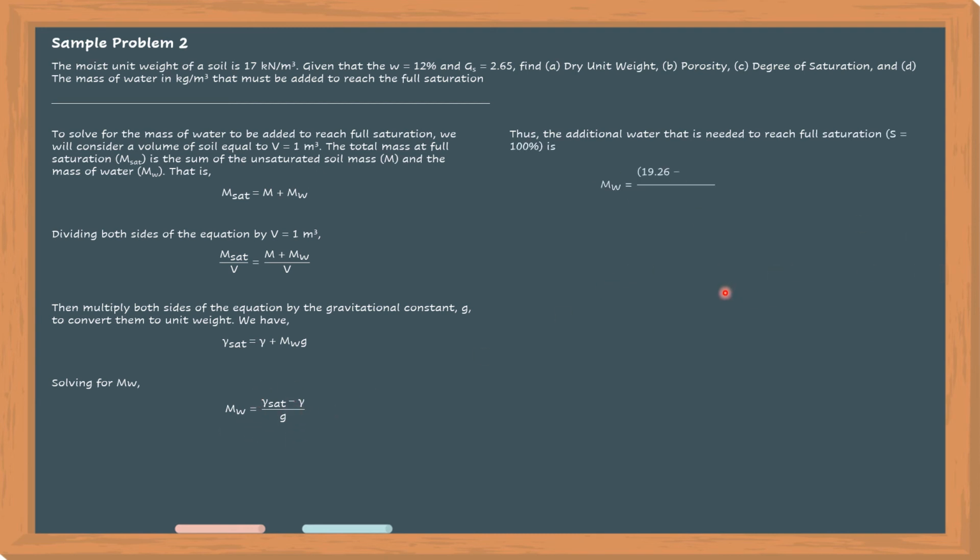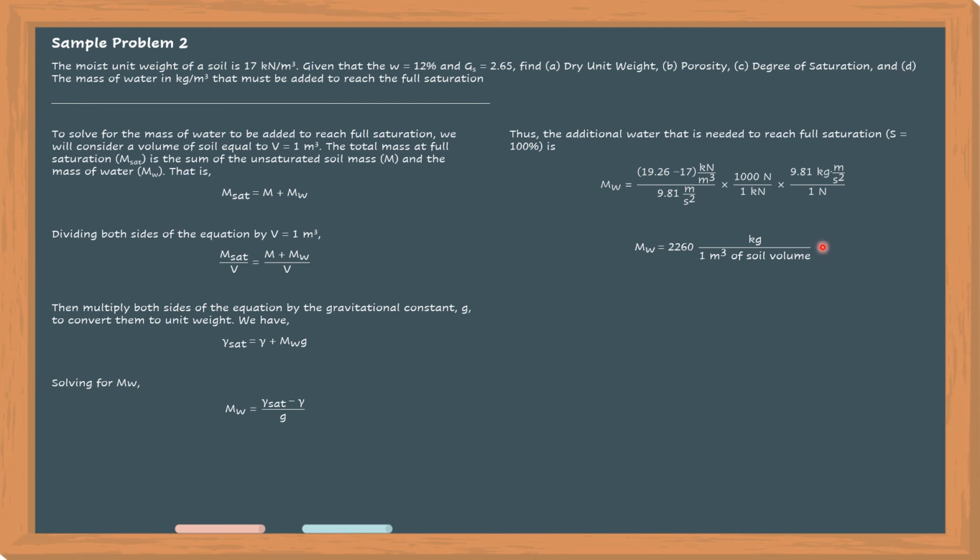Okay, so substituting the known values of the saturated unit weight, the moist unit weight, and the gravitational constant, we have M sub W is equal to 2,260 kilogram, but we have to take note that this is only good if we consider a total volume of 1 cubic meter of soil. But that assumption will apply to any volume kasi nga we have an infinite volume of soil, and we only consider a unit volume which is equal to 1 cubic meter.